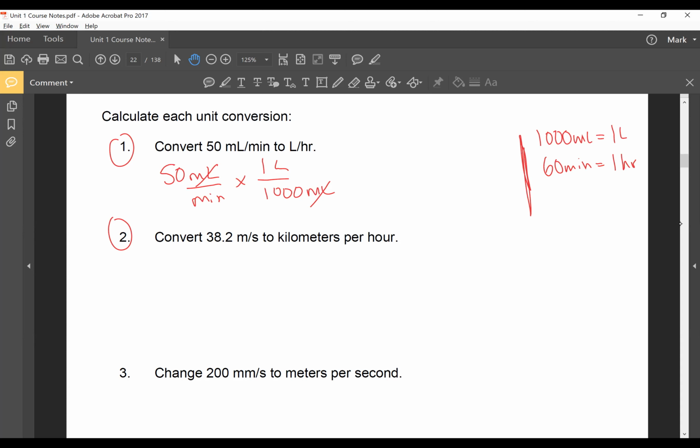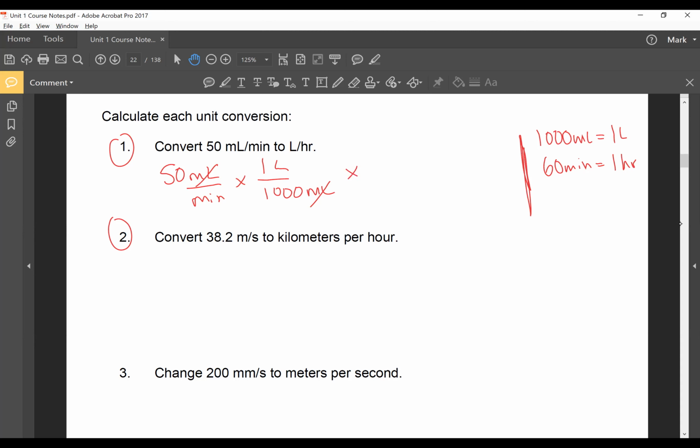Something I never really mentioned, but I've been hinting at it or assuming you knew this, these fractions can be reversed or flipped. So you organize them based on the question. I am choosing to put liters on top and milliliters on bottom. It's a choice. You can have milliliters on top or liters on top, whatever you want. The reason I picked this way is to get the milliliters to cancel.